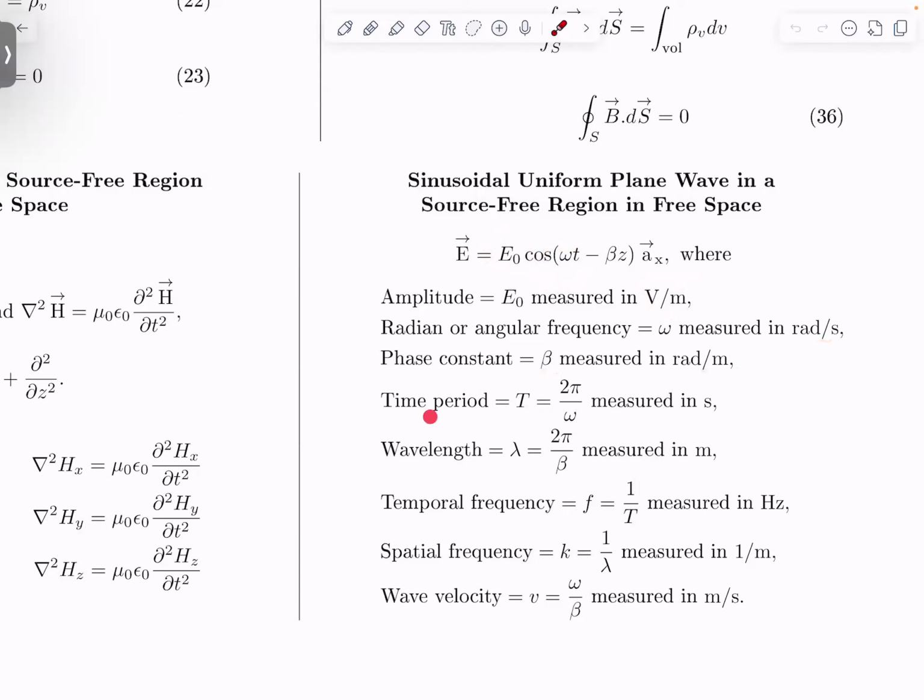If we multiply them together, we get a sinusoidal waveform that is attenuating.